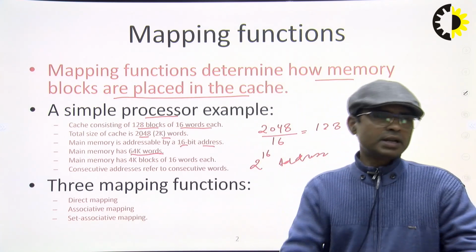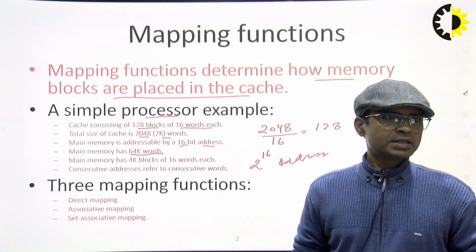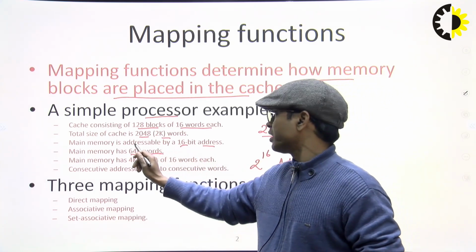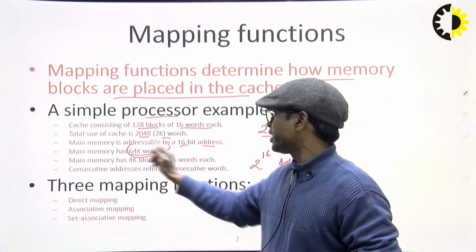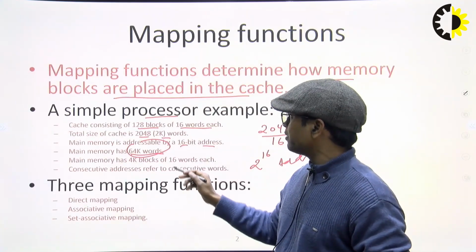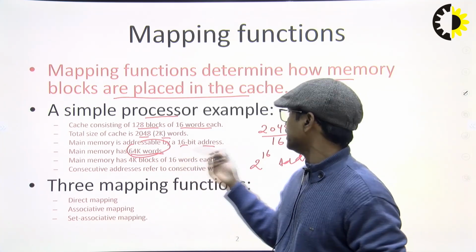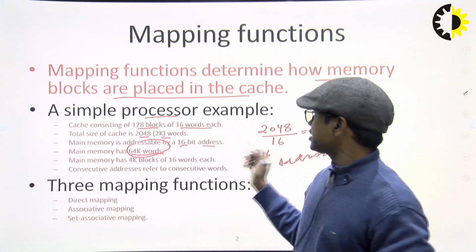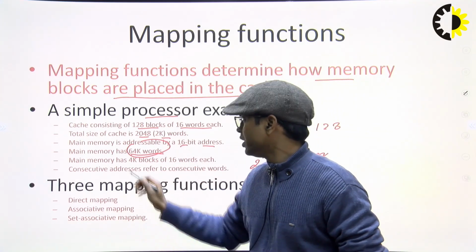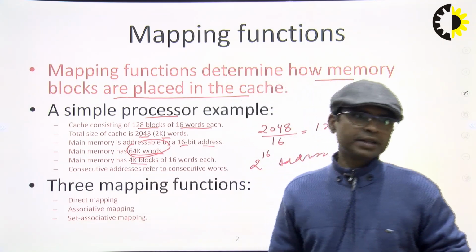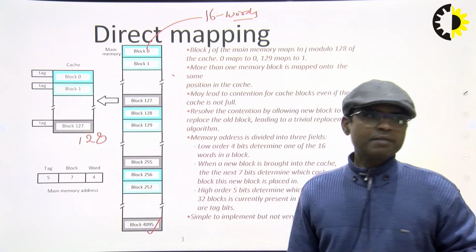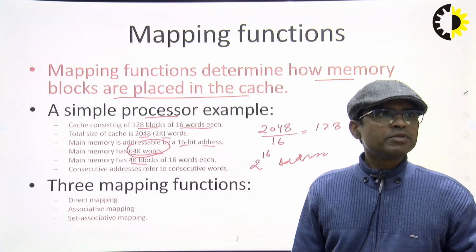Since the block size is 16 words, we can divide the 64K words memory by 16 words, and we get the total number of main memory blocks equal to 4K, that is 4096. This is a very important thing to understand before we start the mapping process.